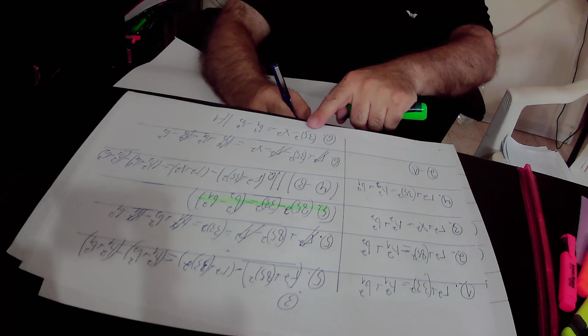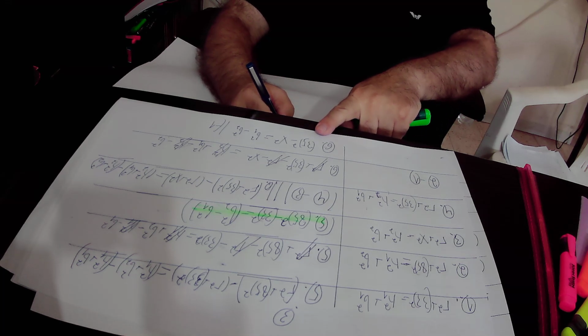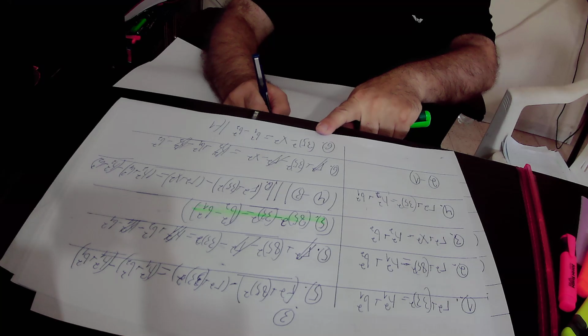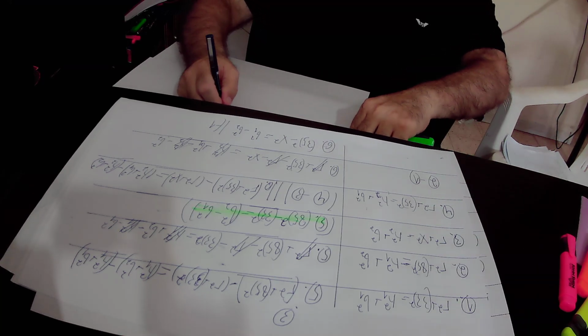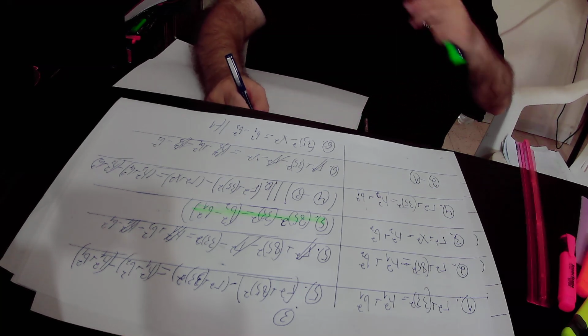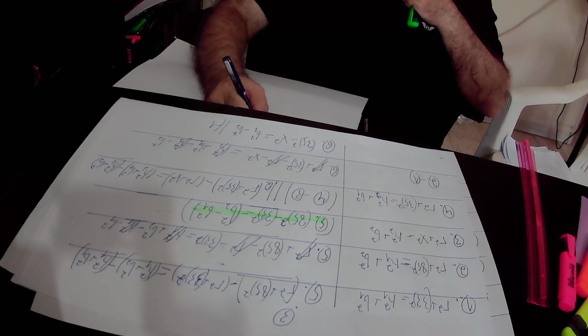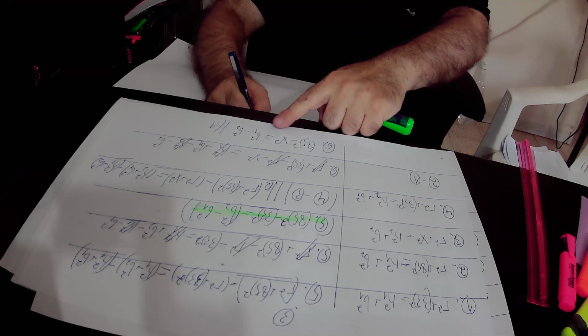Minus x squared times minus 1 is plus x squared, 35 squared times minus 1 is minus 35 squared, and on the other side, minus b2 squared times minus 1 is plus b2 squared, and b1 squared times minus 1 is minus b1 squared.